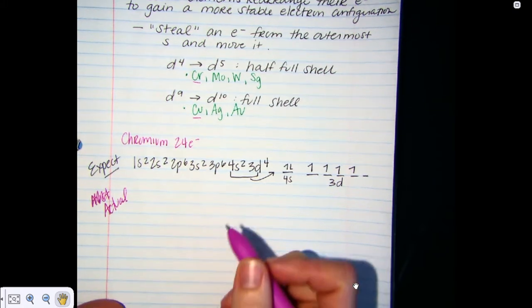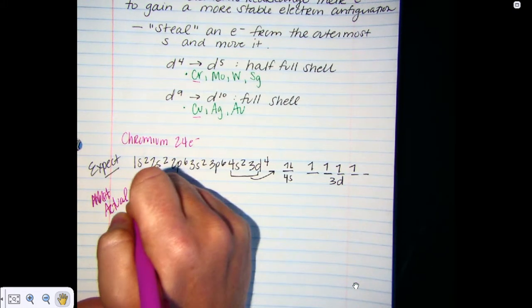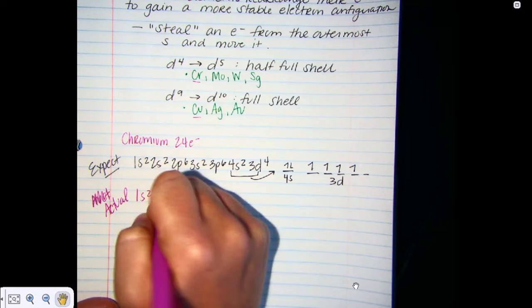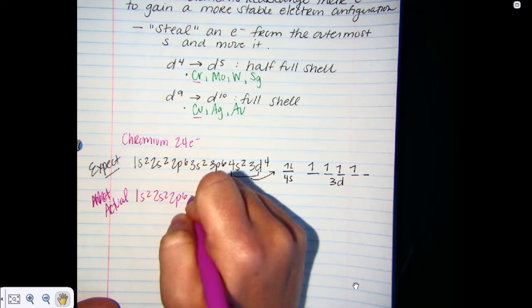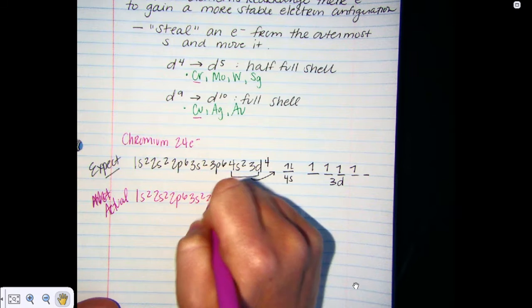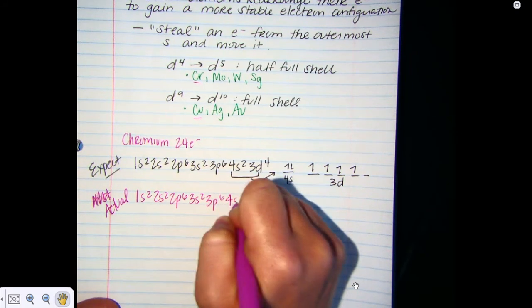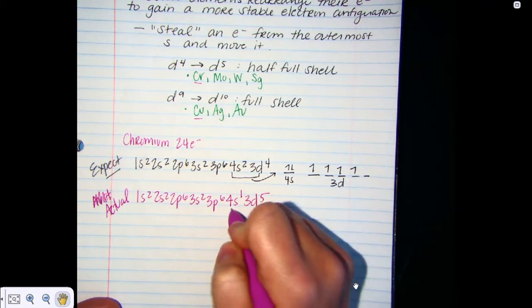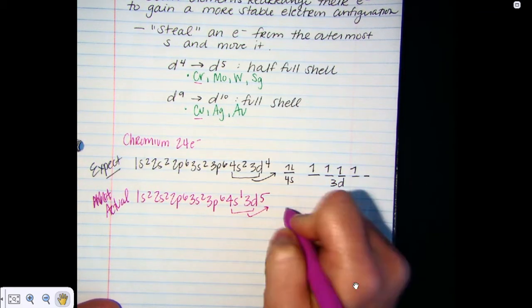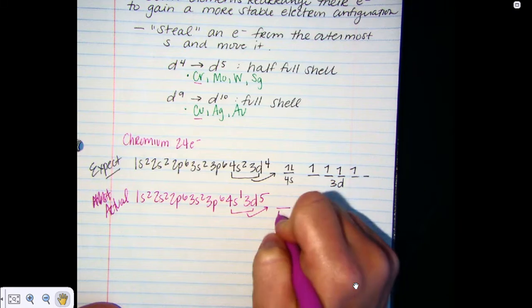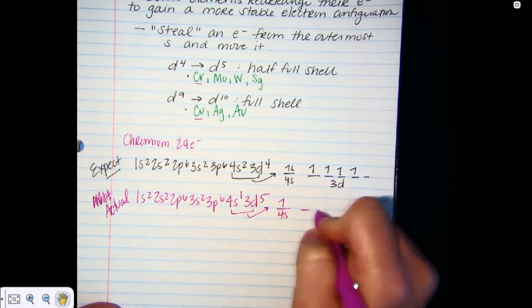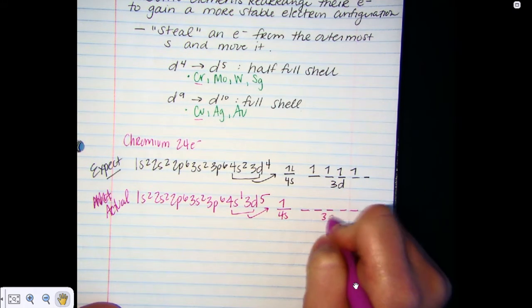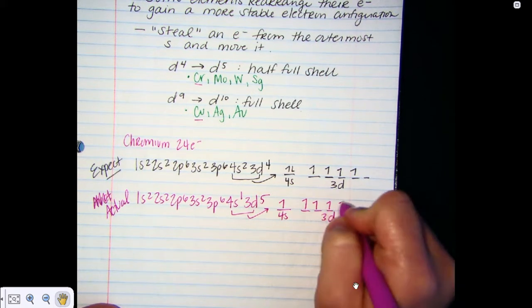So what I would see when I wrote this out would be this: 1s2, 2s2, 2p6, 3s2, 3p6, 4s1, 3d5. And so then when I draw the orbital diagram out, we'd have 4s1, 3d, 1, 2, 3, 4, 5.